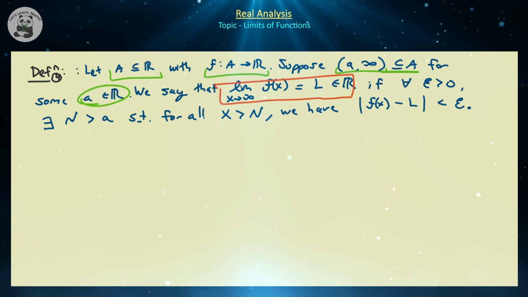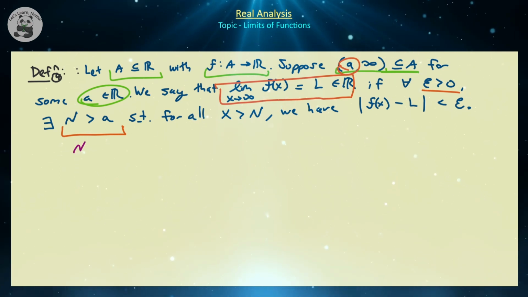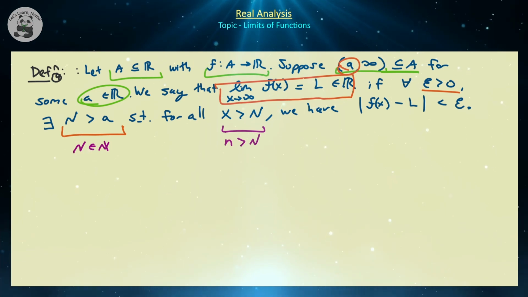Okay, so we say that the limit as x approaches infinity of f of x is equal to a real number L if, and you can think about that this is similar to the concept of a limit of sequences, so the definition probably would be fairly familiar. If for any epsilon greater than 0, there exists an N bigger than a, the lower bound of that interval embedded inside of our domain, so this is equivalent in the limit sense, there exists an N in the set of natural numbers such that for all x bigger than capital N, we have that the distance between our function value and the proposed limit is arbitrarily small, right?